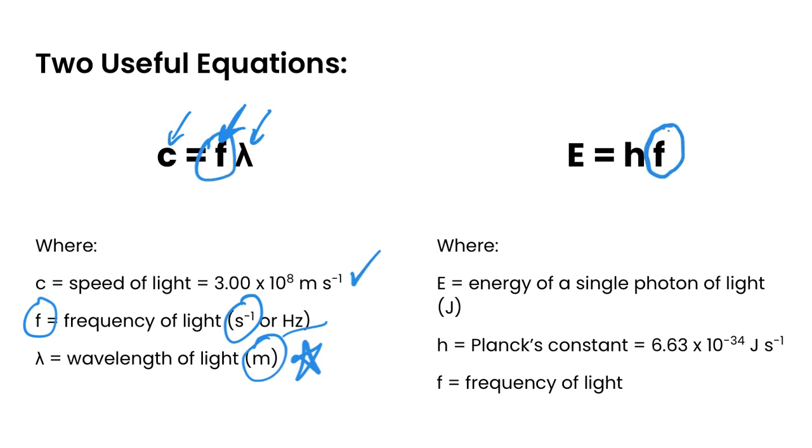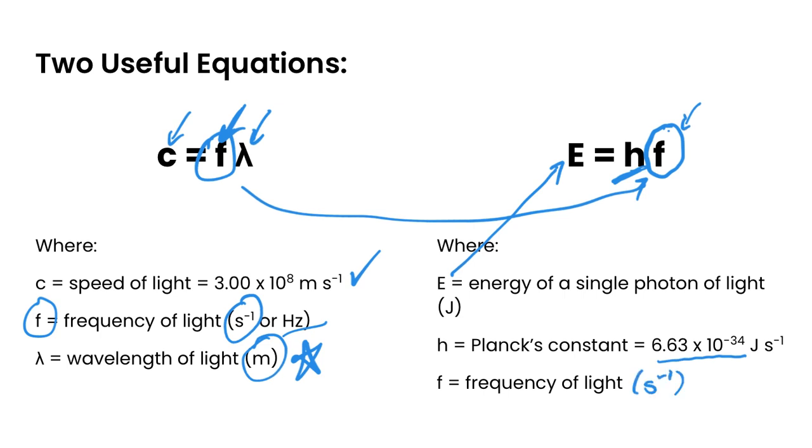So this is how the two are related to each other, is that if you can calculate the frequency, then you can come over here and use this second equation here, which relates the energy of a single photon of light, which is E, to a constant value called the Planck's constant, which is given as 6.63 times 10 to the negative 34 joules per second, times the frequency of light, and that would need to be in seconds to the -1 or hertz. So we can use these two equations to flip-flop back and forth between wavelength and the first ionization energy.